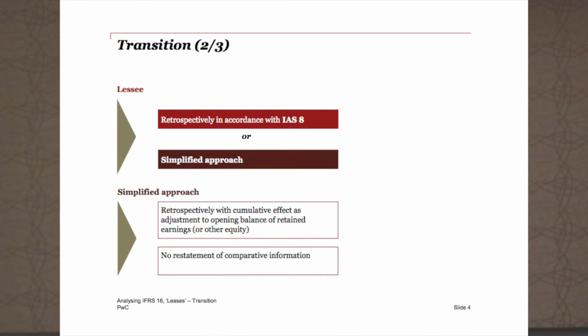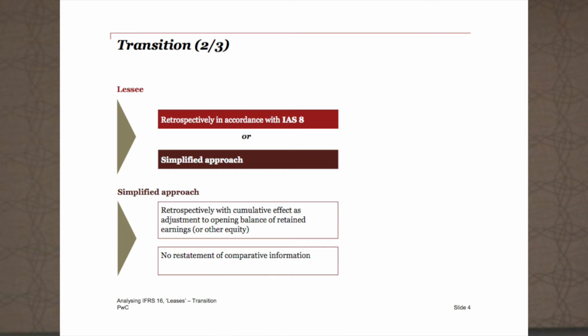That may seem quite complex, so the standard also allows a more simplified method to be applied. That method would allow an entity to essentially present a cumulative effect of adopting it at 1 January 19, assuming that's the date of initial application, without having to restate the prior periods.